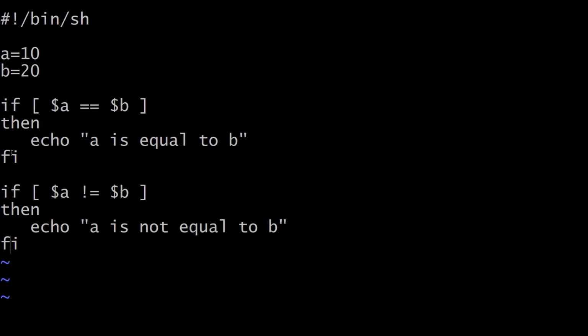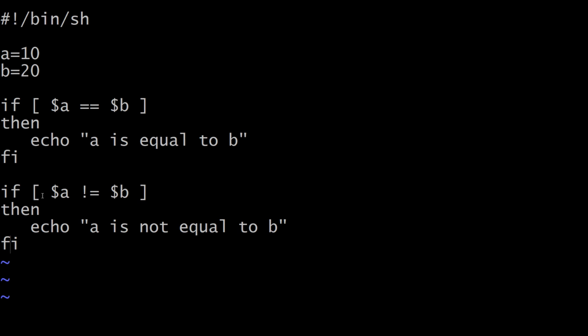For the second condition, we have again used the if statement and we have given the expression: if a is not equal to b, then it will execute the statement which is nothing but an echo command and prints a is not equal to b. As you already know, a is not equal to b, so this if statement will get executed.